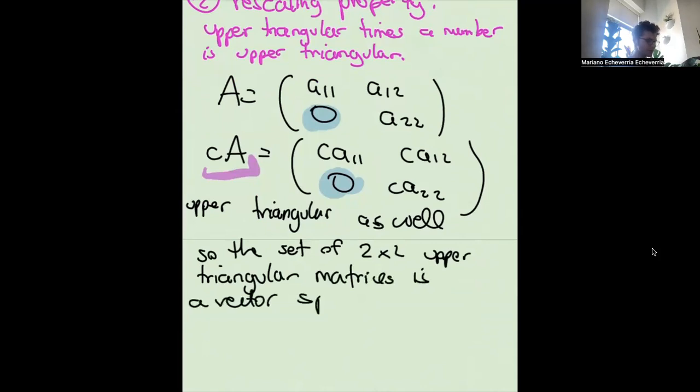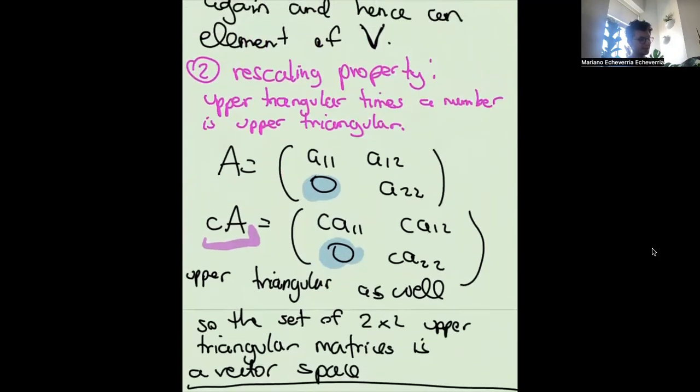The reason why I'm doing this example is to show that the definition of a vector space gets applied not just to what you would ordinarily think of as vectors, but can also be used to include things like matrices or functions, which I'll do in a second.